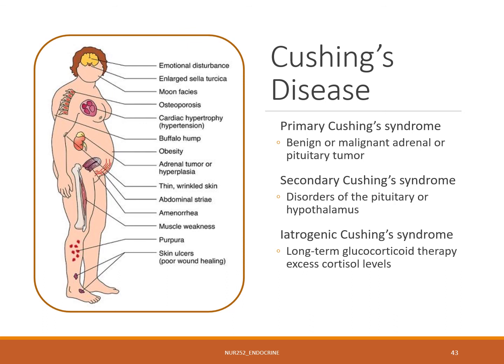Cushing's syndrome is classified in one of three categories. The primary disease usually results from a tumor which stimulates an increased production of cortisol.